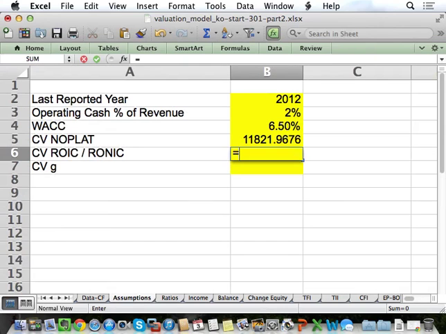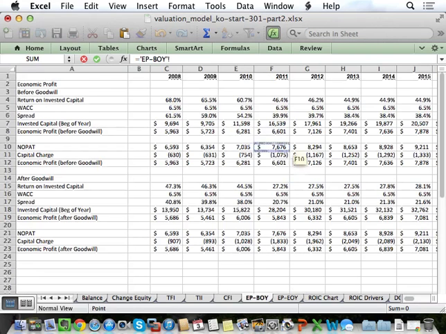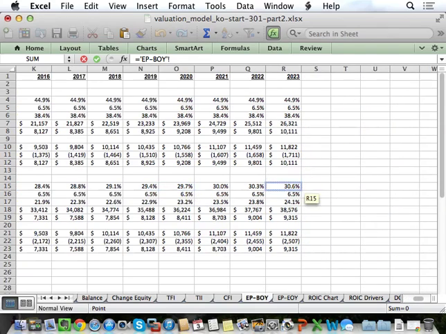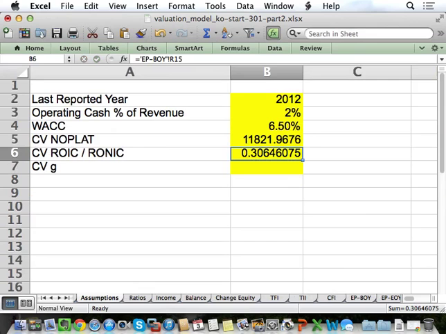My continuing value ROIC is off my beginning of year economic profit tab, not the end of year. Make sure you use the beginning of year because that's how the valuations will balance. And I always use my ROIC including goodwill. So row 15, ROIC for 2023 is about 30.6%.